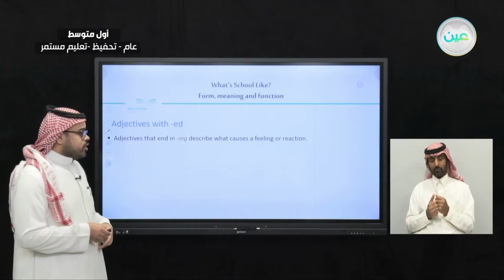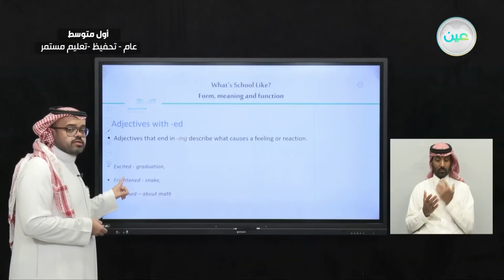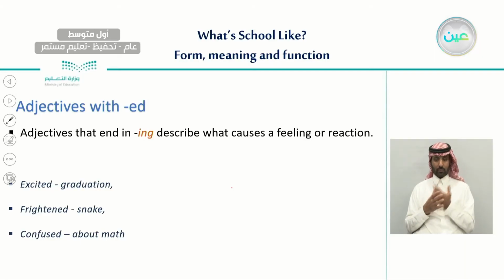For example, we have shown you before that those feelings, excited, frightened, confused, may be because of this reason. So a person could be excited because of the graduation. A person could be frightened because of a snake, and he could be confused because of a math test.